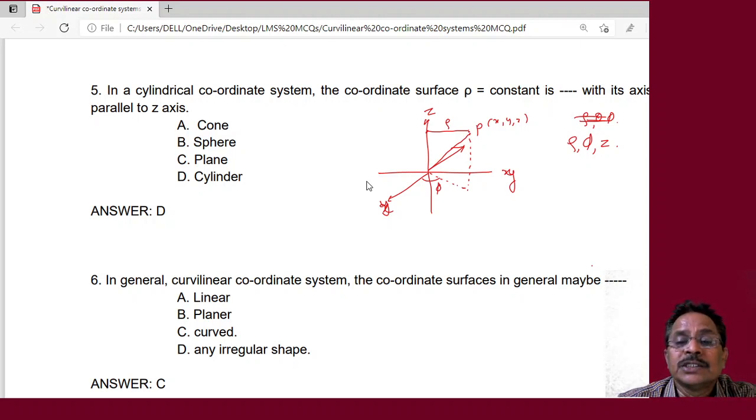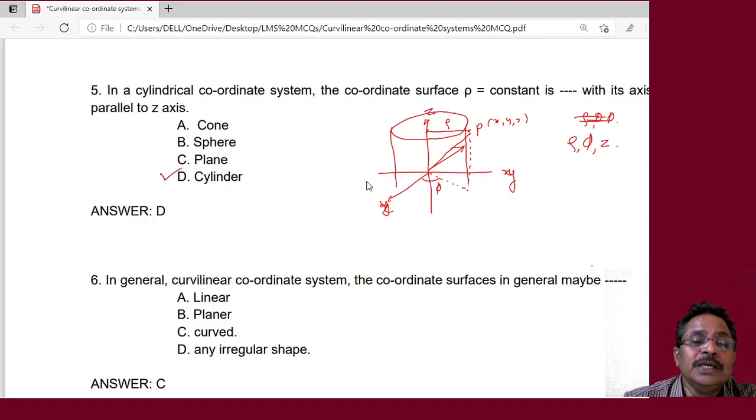So rho is the distance between the z axis and this point P, and if I draw a surface here for rho equal to constant, I'll get a cylinder as shown by this diagram. Therefore, for question number 5, D is the correct option.